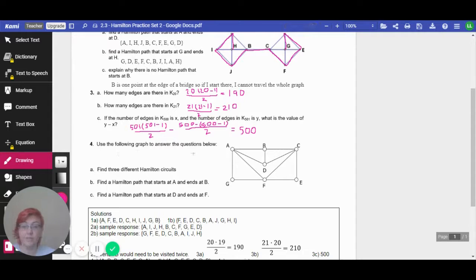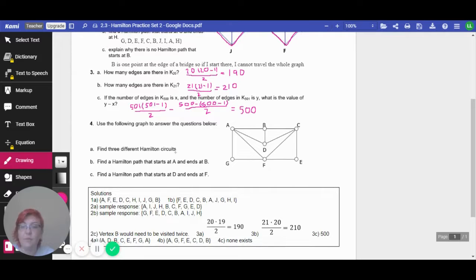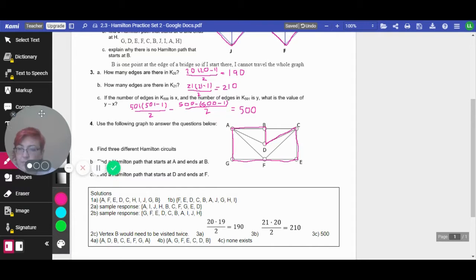Here, I'm going to use the following graph to answer the questions. I want to find 3 different Hamilton circuits. All right, A, G, F, E, C, D, B, A. That's 1. You grab a different color.